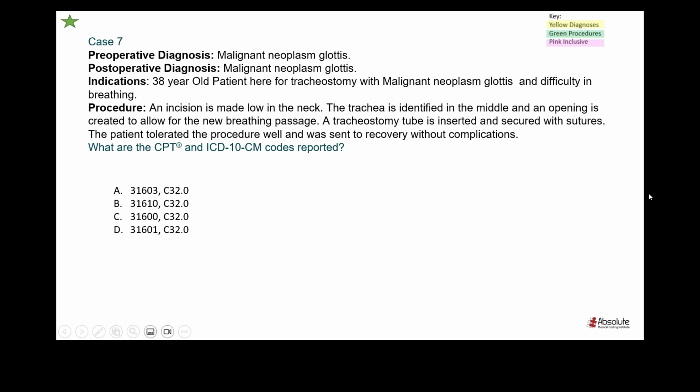What are the CPT and ICD codes reported? And coders, I'm sure you're going to answer fast. Still, I will give you around 2.5 minutes to answer this scenario.